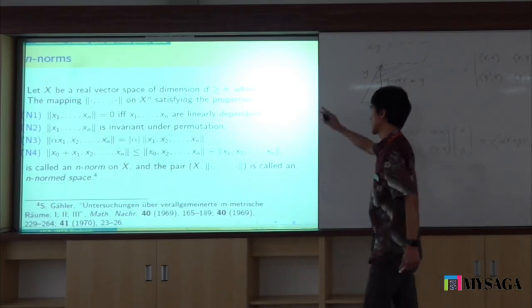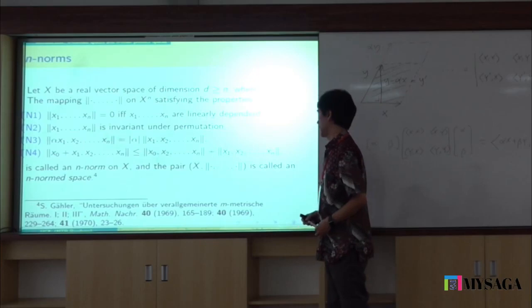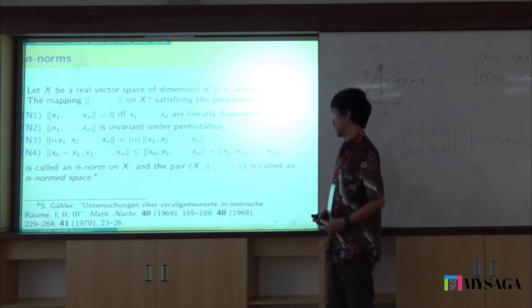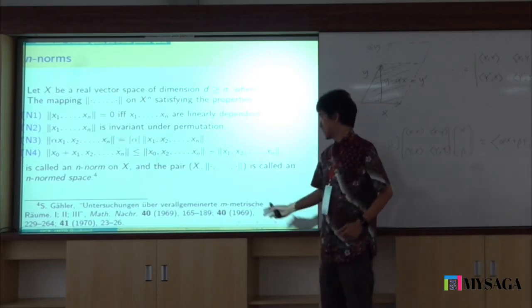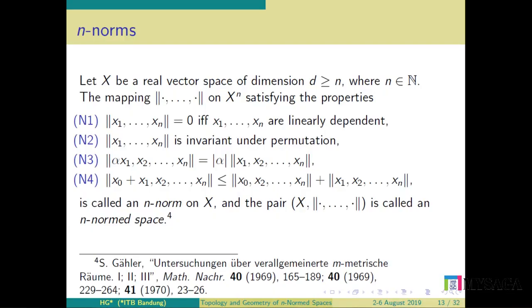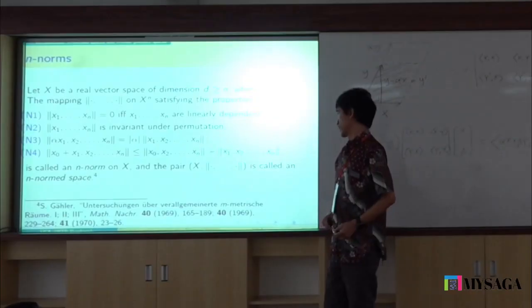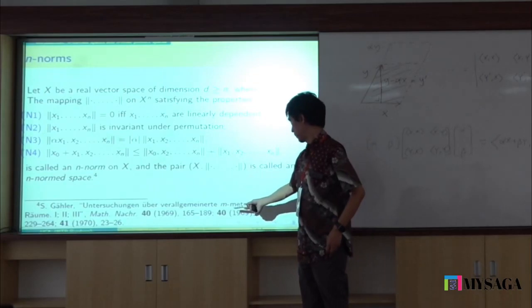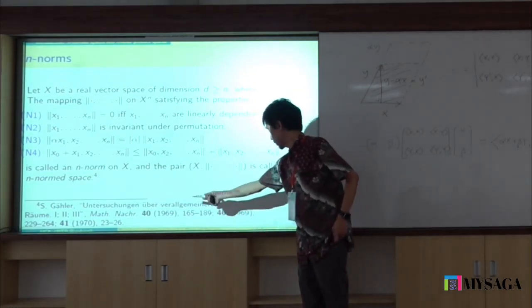This function is called an n-norm, and the pair is called an n-normed space. Gähler wrote this in 3 consecutive papers in 1969 and 1970. The first 2 papers appear in the same volume, 40.